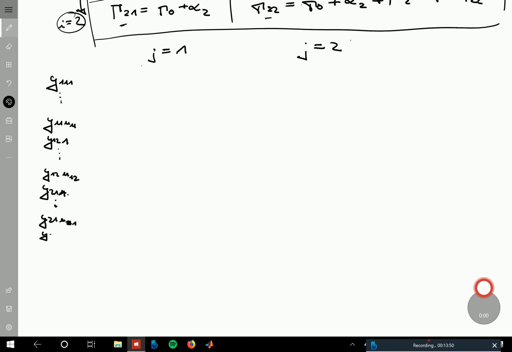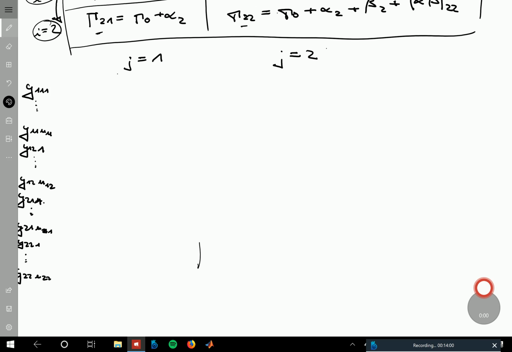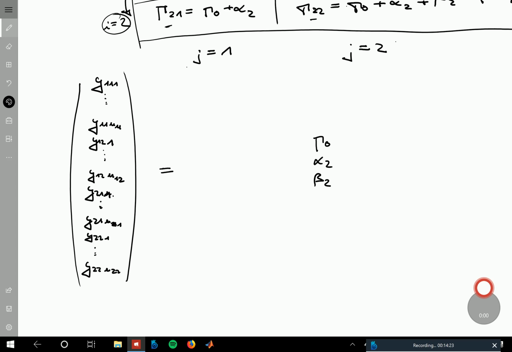And the parameters that we are left with, our parameter vector, now has our mu0, our alpha 2, our beta 2, and our alpha beta 2 2.